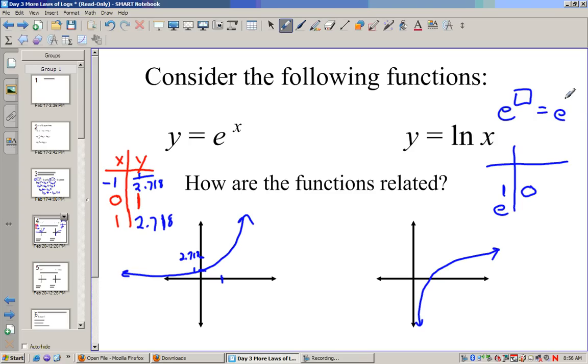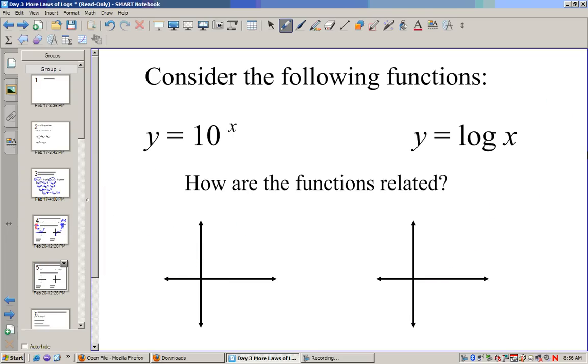So e to which power is e? That answer is 1. If I have 1 over e, like I have over here, e to which power is 1 over e? That would be negative 1. So notice how these produce inverse graphs. And you can tell they're inverses because this would reflect over the y equals x line.